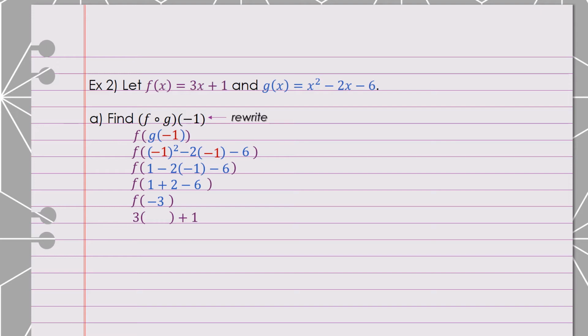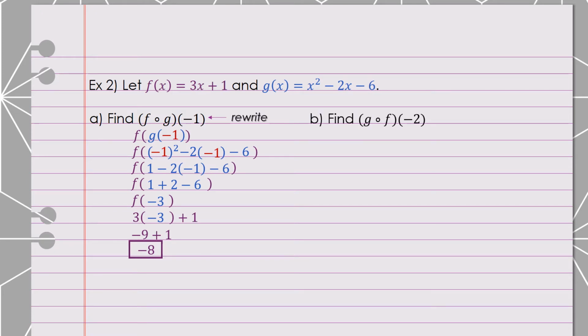According to the notation, it says f of negative 3. That means using the f function, plug in the value negative 3. Once the value is plugged in, again you follow GEMS. First thing we can do would be the multiplication. 3 times negative 3 is negative 9. And then we have the addition and subtraction, and we know negative 9 plus 1 would give us negative 8. And that would be your answer.